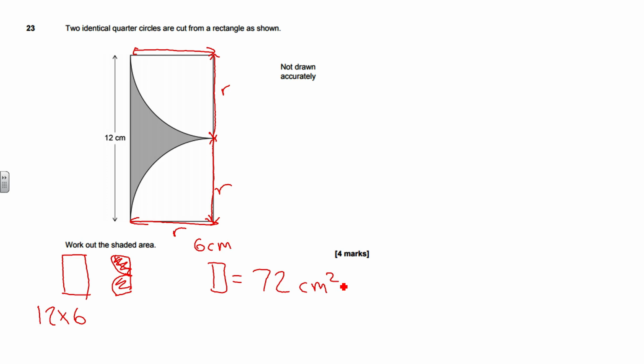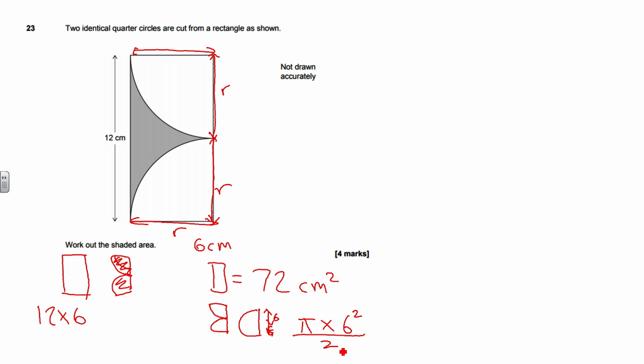Now, to work out the 2 quarter circles, instead of thinking of them as 2 quarter circles, let's put them together into half a circle, which has a radius of 6. So the area of a full circle is pi times r squared.